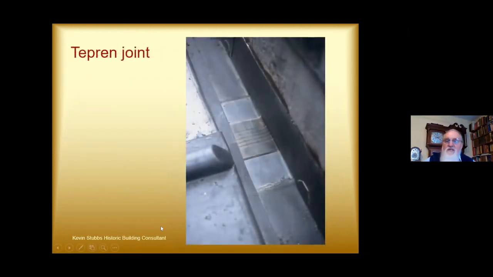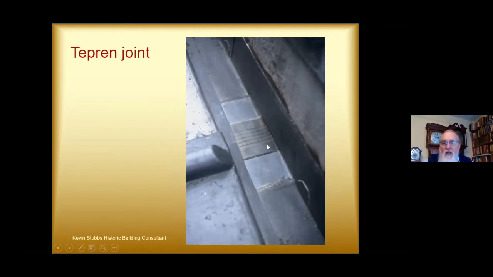Sometimes it's very difficult to get the correct detailing of lead to allow for expansion, particularly in things like parapet gutters, where there's very, very little fall and very long runs. Since about 1980, we've had available these joints called T-pron joints.